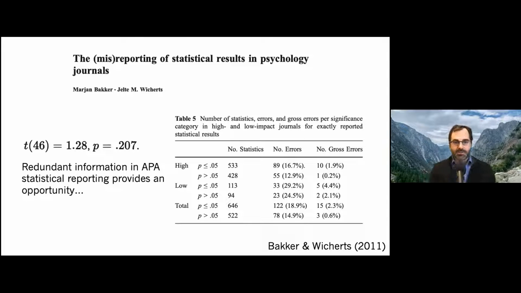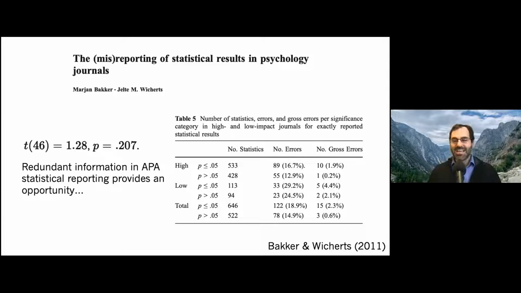And so here's the result here. The key place to look is the total number of statistics examined here, which is 600-odd p less than 0.05 statistics, and there are 122 errors, 18%, with some of these being what they called gross errors, meaning errors that changed whether the p-value fell above or below the alpha threshold of 0.05.